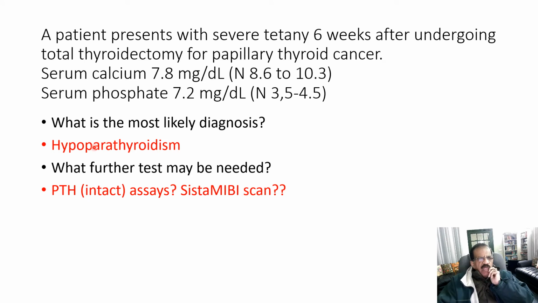Mostly, I believe both of them would not be needed because the case scenario itself suggests that this patient has got hypoparathyroidism and you can start with the treatment. But if you have to confirm, you could have a parathyroid assay and you could also have a sestamibi scan. You may also try to do CT scan and ultrasound, but I think in this situation sestamibi scan should be better.